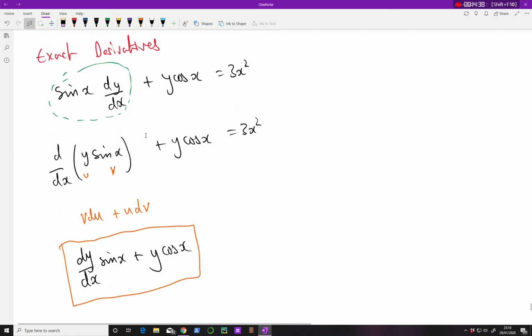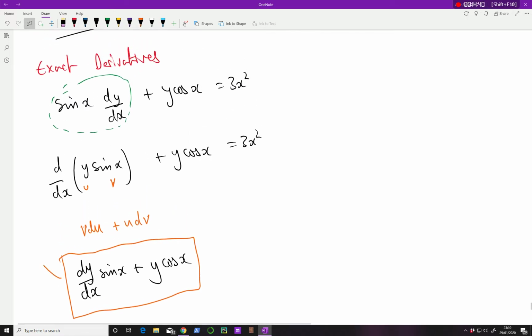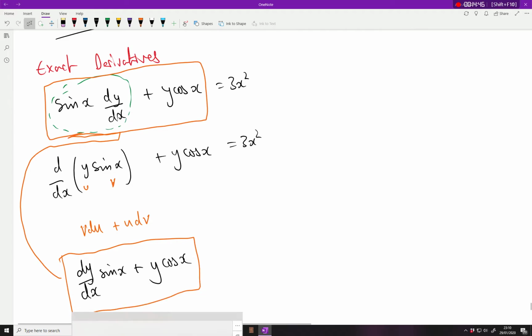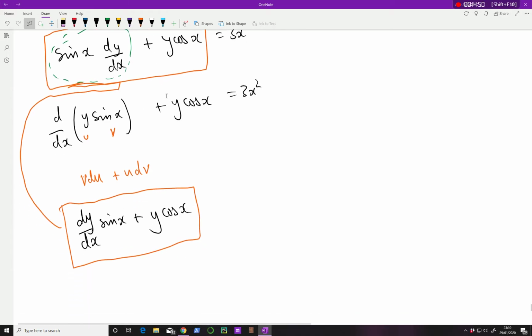This happens to be equal to this whole thing here. That is what you call an exact derivative. And that is what helps you simplify these expressions so easily. So this whole thing, sine x dy by dx plus y cos x, can be reduced to d by dx of y sine x.